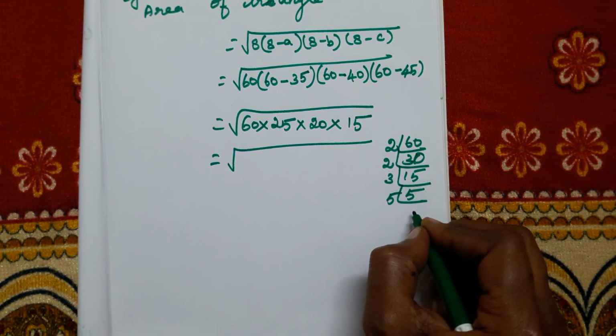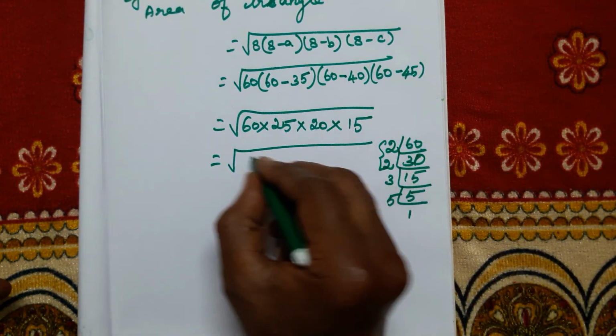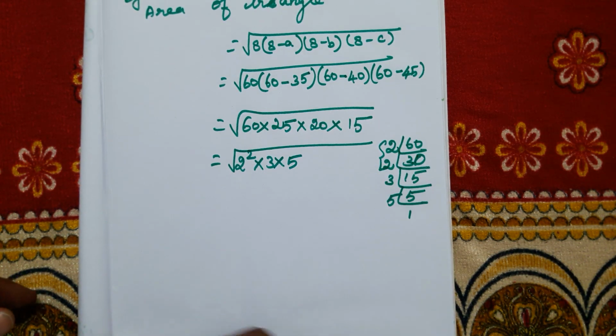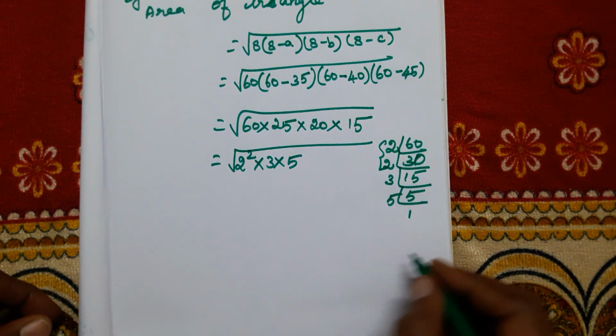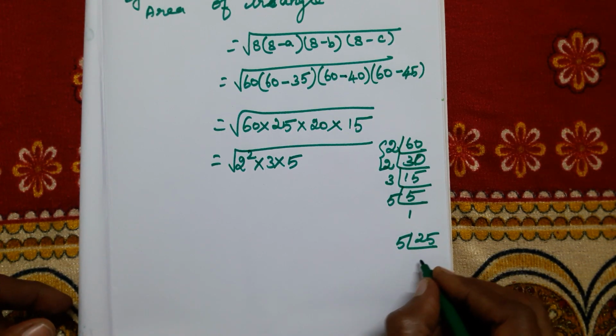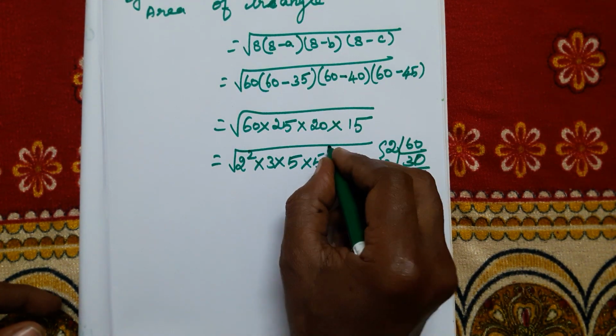Again with 5 table, 1 5 is 5. So this 2 into 2 we can write 2 square into 3 into 5. Next 25 means 5 5s are 25, so we can write 5 square.